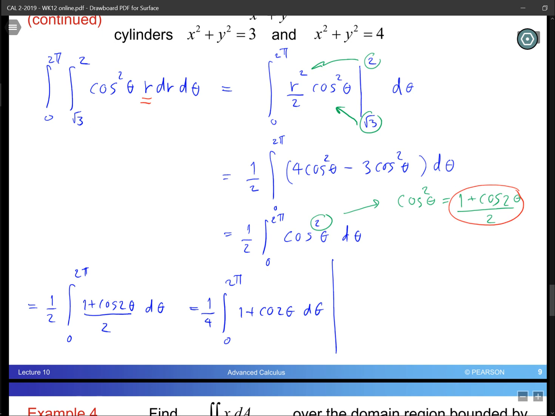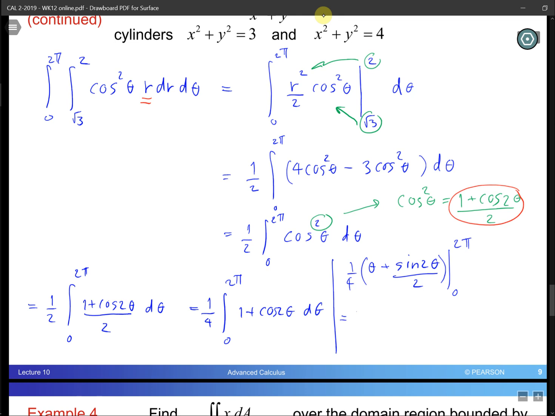So here we integrate 1 with respect to theta, you have theta. Integrate cosine 2 theta, you have sine 2 theta, and with reverse chain rule, you have 2 right here. You have to evaluate this at 0 and 2 pi. And don't forget the coefficient of 1 over 4 outside.